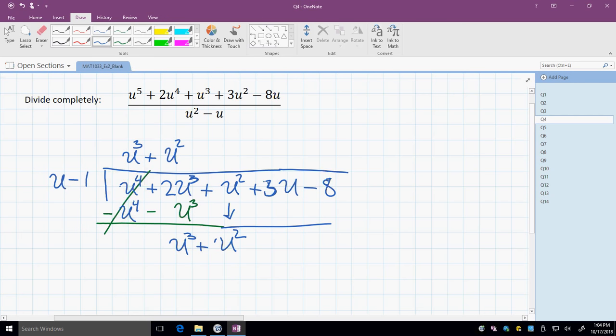U squared times u is going to give me u to the third power. We flip the sign. That is going to give me a negative. So I'm able to cancel the first term. Multiply now u to the second times negative 1. That is going to give me a negative u to the second power. I flip the sign, which is going to be positive.